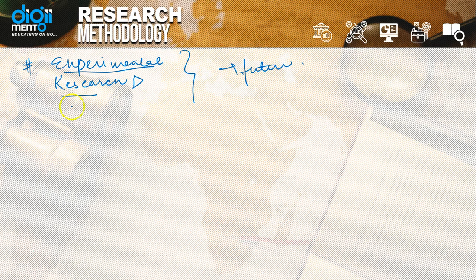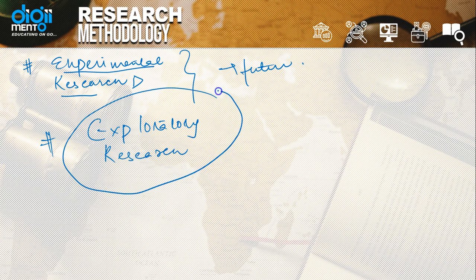And one more research type is there. The name is exploratory research. So what is exploratory research? Exploratory research is a preliminary study of an unfamiliar problem about which the researcher has no knowledge, or you can say little knowledge.